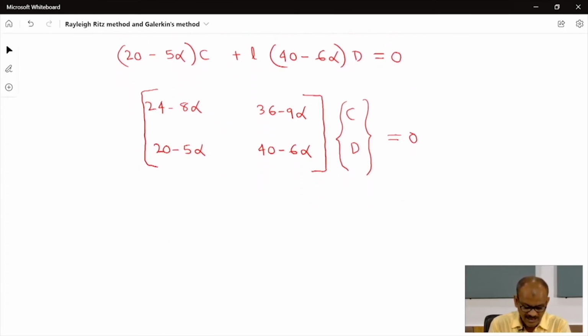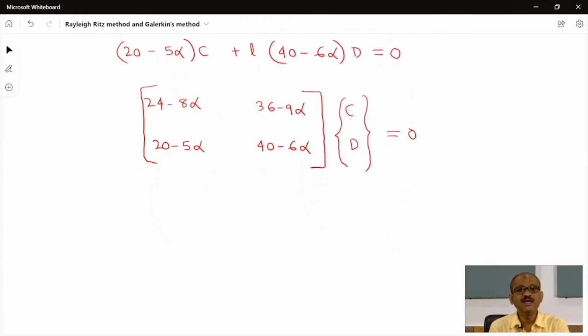The trivial solution, c and d equal to 0, gives the straight configuration of this fixed free column. So, we are not interested in that. We are interested in the non-trivial solution. If a non-trivial solution exists, then the characteristic equation can be obtained from the coefficient matrix by equating the determinant to 0.